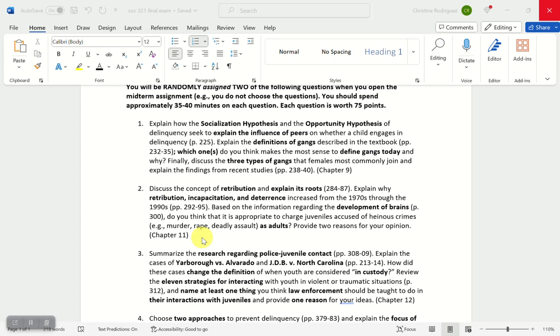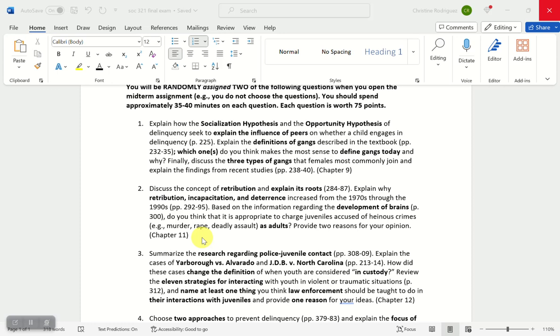However, by the early 1970s, the tide had turned and people once again thought it was better to go back to being punitive rather than rehabilitative. And so the use of retribution, incapacitation, and deterrence increased for juveniles during that 20-year period. So make sure that you're giving the detail about that 20-year or so period.